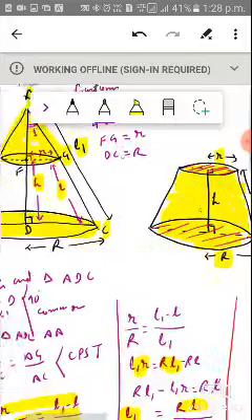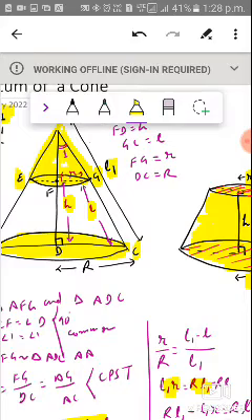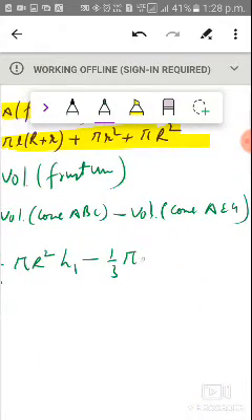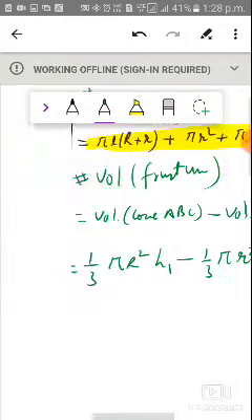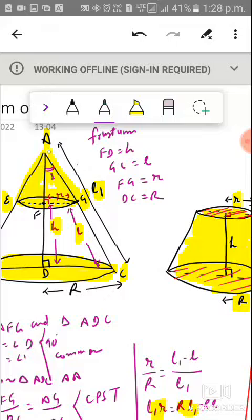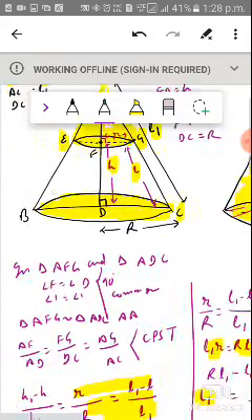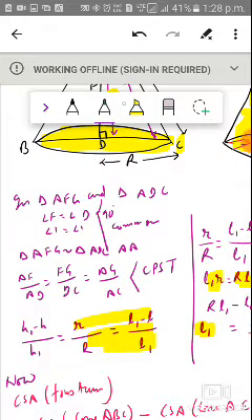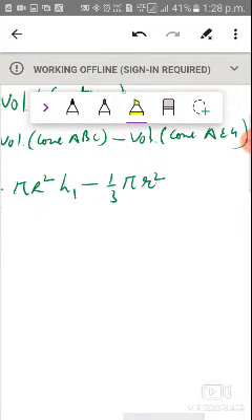The radius of the smaller cone is small r, so r². And the height of the smaller cone is AF, which we have written as h1 minus h. So we write h1 minus h.